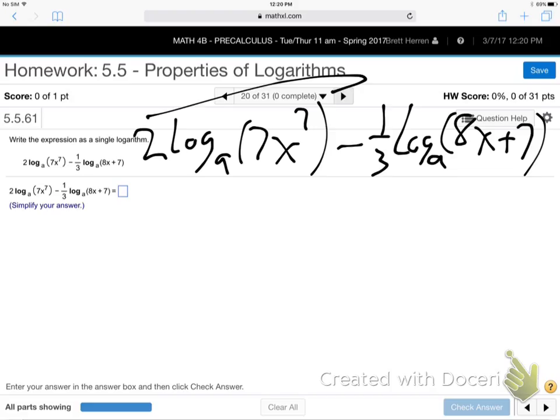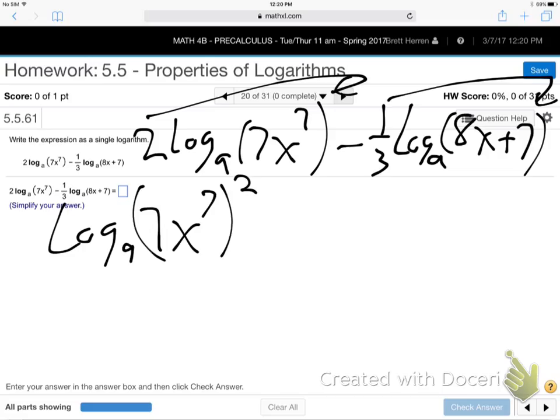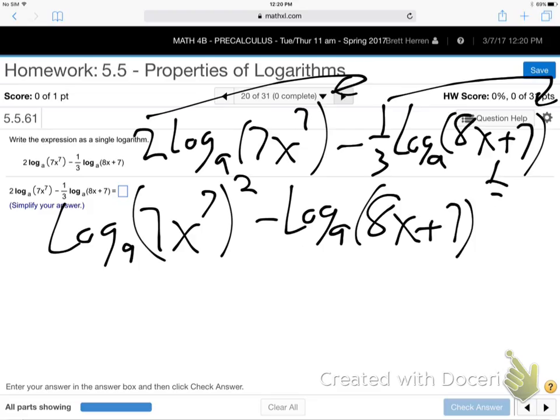So the 2 goes up there. The 1/3 goes up there. So it's log base a of 7x to the 7 squared minus, oop, supposed to put that 1/3 up, huh? 8x plus 7 to the 1/3.